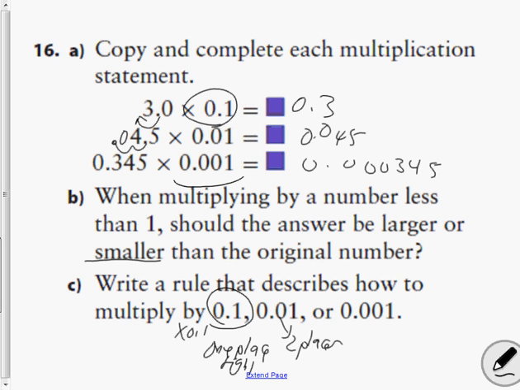And when I multiplied by 1,000th, I moved it 1, 2, 3 places, which gave me my answer. So when you multiply by numbers that are less than 1, if you multiply it by 10th, 100th, or 1,000th, you're moving the decimal in the other direction.